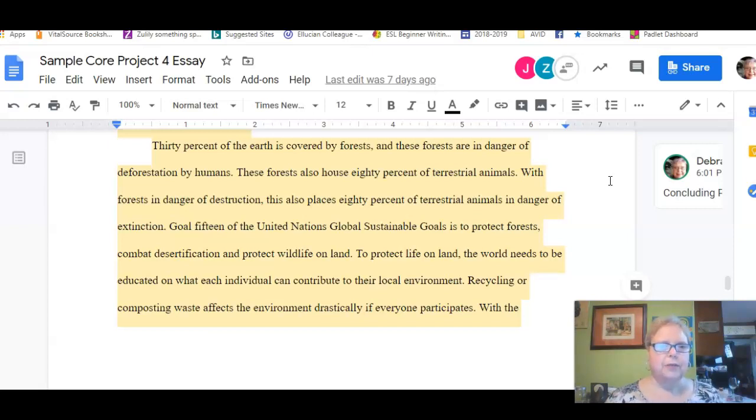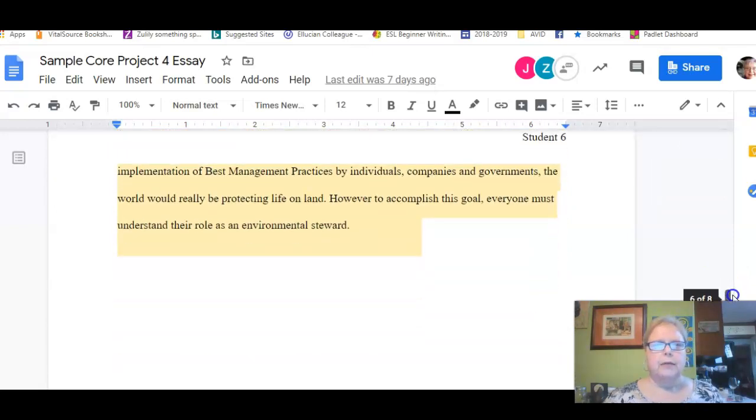Recycling or composting waste affects the environment drastically if everyone participates. So these are some things that people can do at home. Compost waste, recycle. And then with the implementation of best management practices by individuals, companies, and governments, the world would really be protecting life on land.